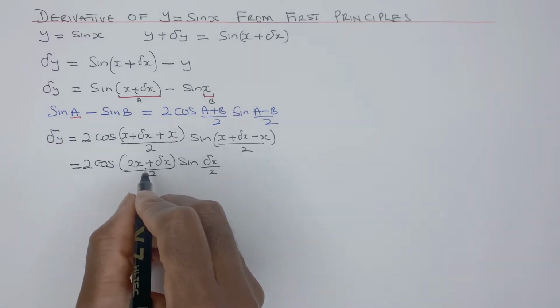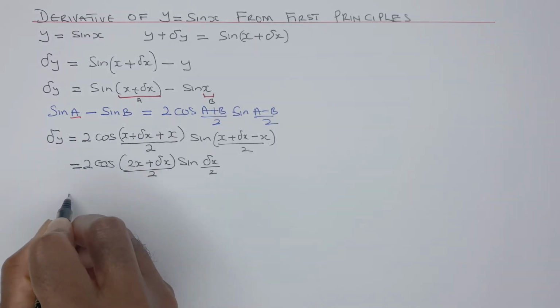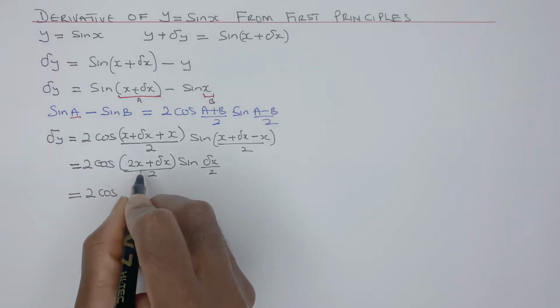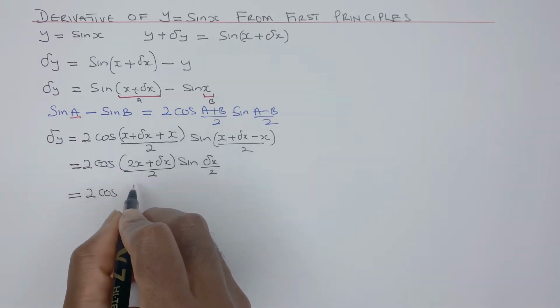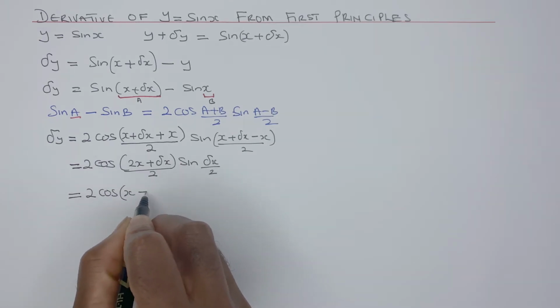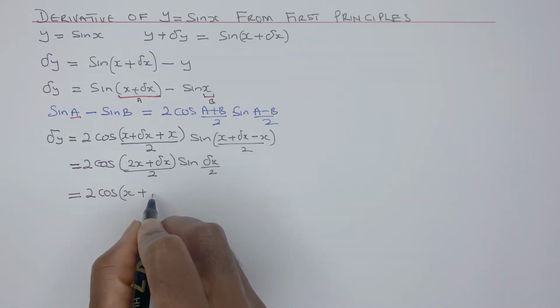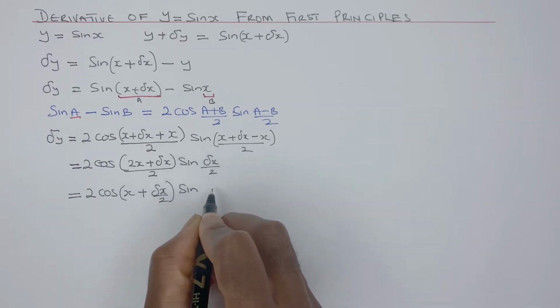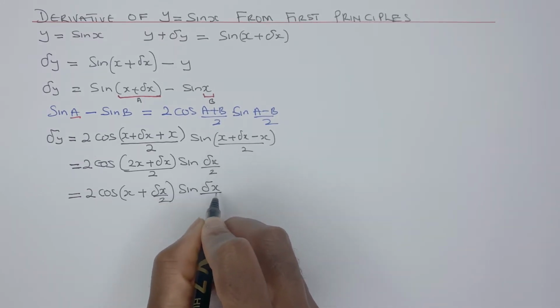And if I write this properly, that will be 2 cos of x, since 2x over 2 is just x, plus delta x over 2, sine of delta x over 2.